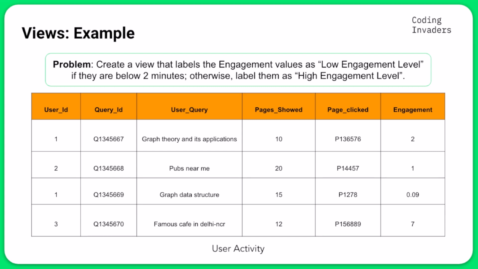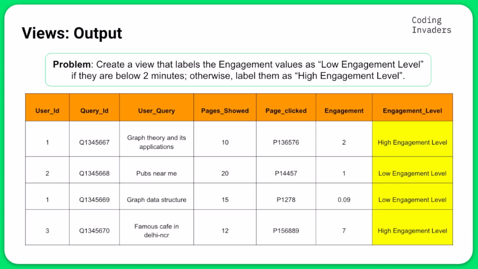This is the output they want using a view. So we have our engagement level as a new column, with high or low engagement level as per the engagement value.